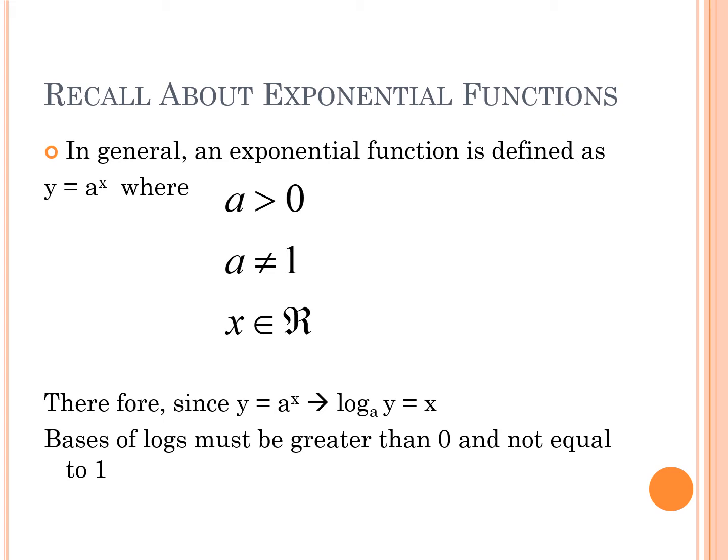So for exponential functions, and also for logarithmic functions, we want to review just these basic ideas. If we have an exponential function, y equals a to the x, that base, a, is always going to be positive. If you have a negative number raised to an exponent, that ends up flipping the signs and causes issues when you have decimals.